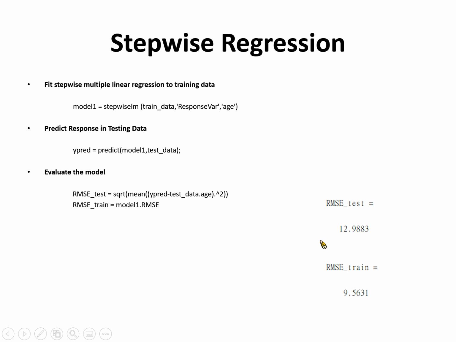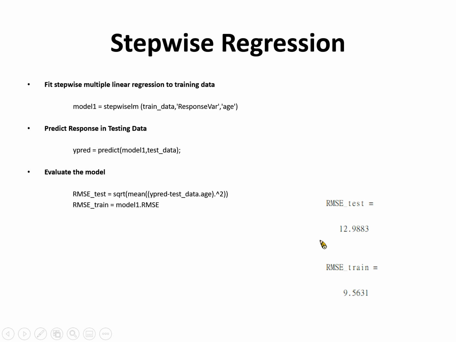So the point of stepwise regression is not to help you reduce the error, but to help you identify those significant parameters that can explain the model. That is the whole point of stepwise regression.